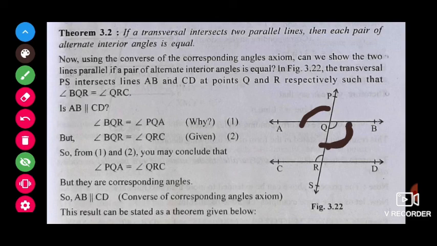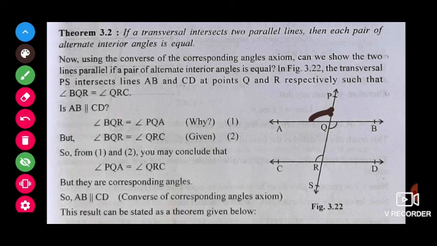This BQR is equal to QRC, as they are corresponding angles, so both are also equal. So by using these two, if we observe, the left hand side is the same, so we can take the right hand side also equal. That is, PQA is equal to QRC.